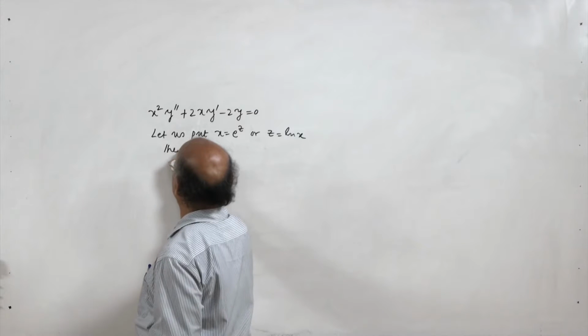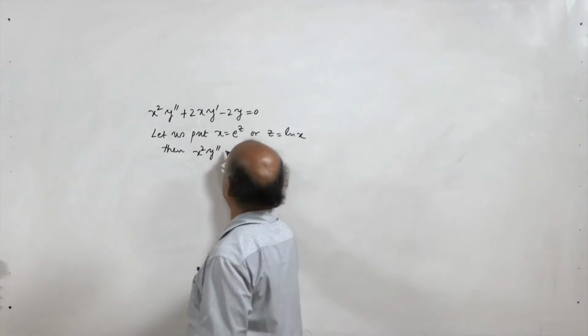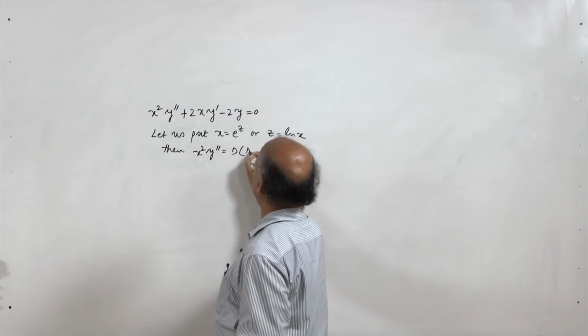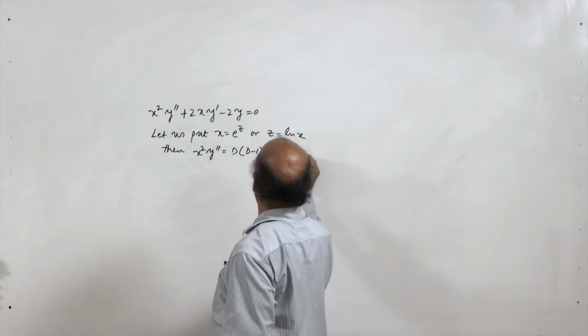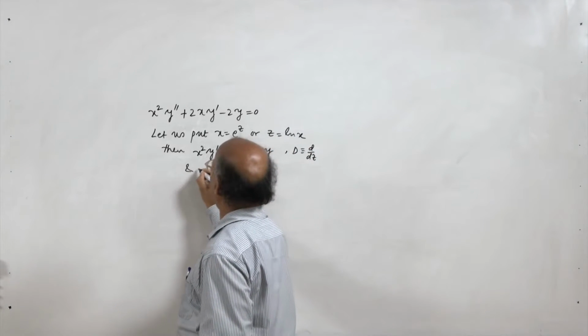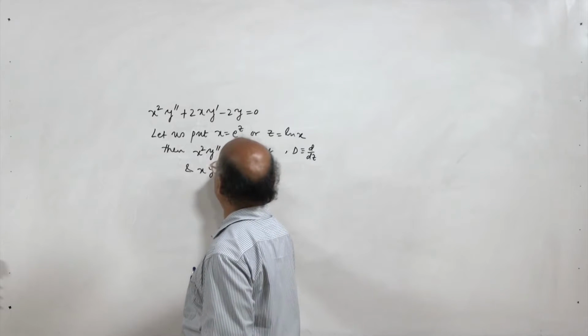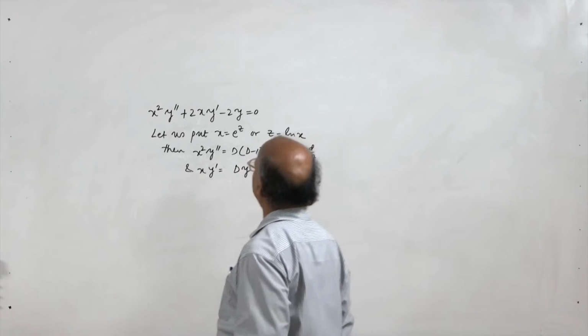Then we have seen that x squared y double dash is equal to D into (D minus 1) y, where D is d over dz, and x y dash is equal to Dy. So let us put these values.